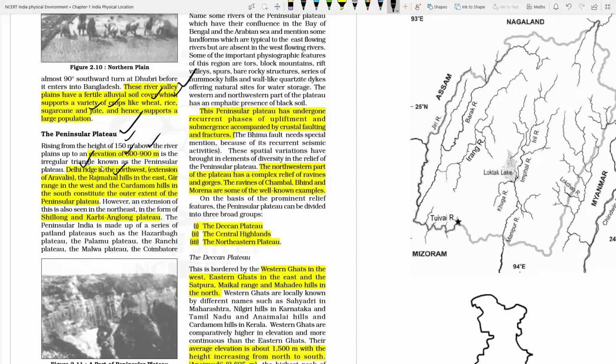On the western side, it is Gir Range. On the southern side, it is Cardamom Hills and Annamalai Hills. On the offshoot portion, we can see the Shillong Plateau and Karbi Anglong Plateau.